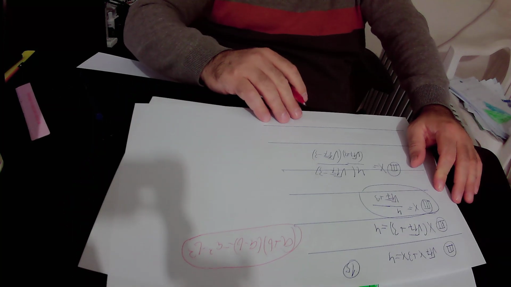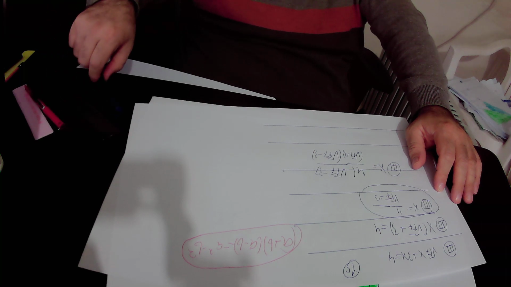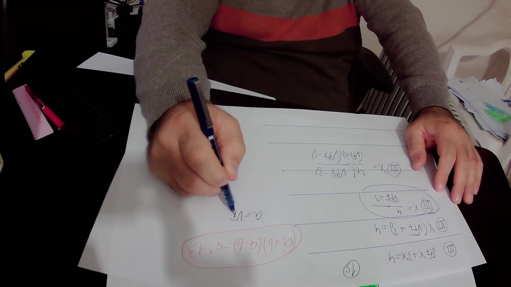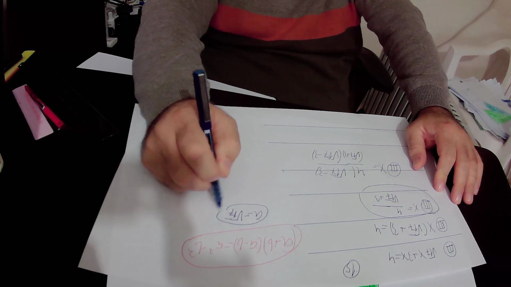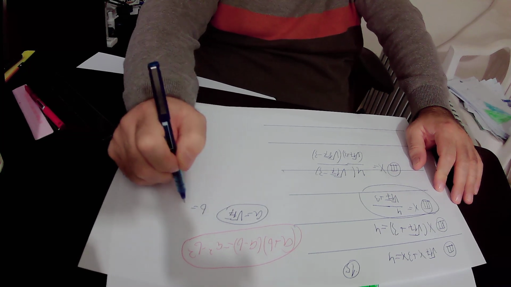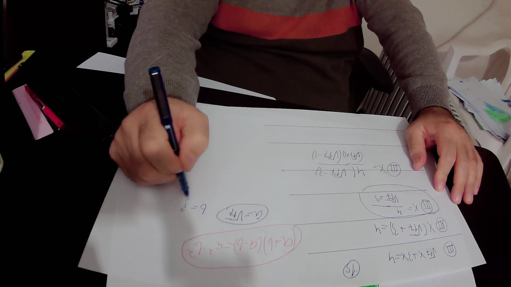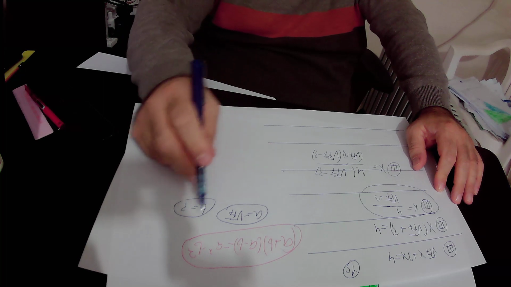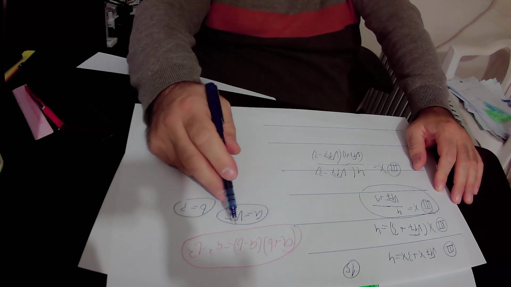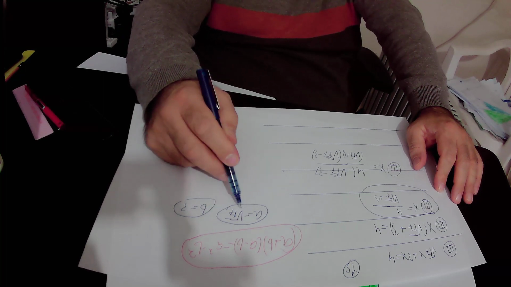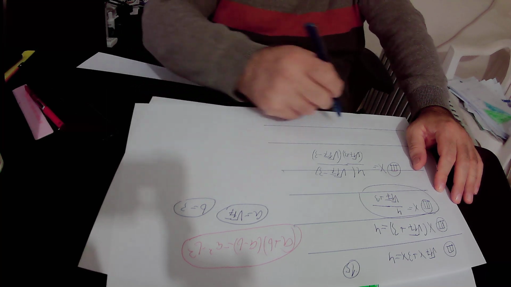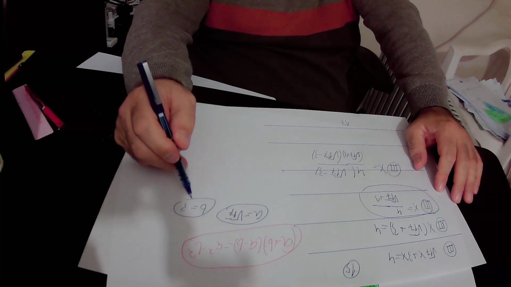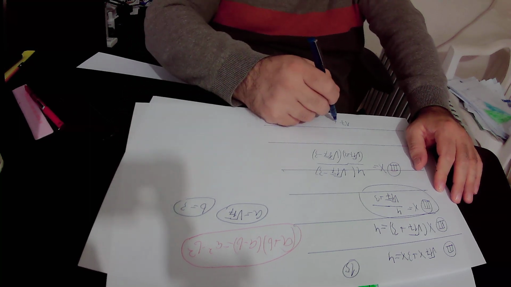Here, in our specific case, a equals square root of 17 and b equals 3. So a plus b times a minus b equals a squared minus b squared. A is square root of 17, so a squared is 17, minus b squared. B is 3, so b squared is 9, so it is minus 9.